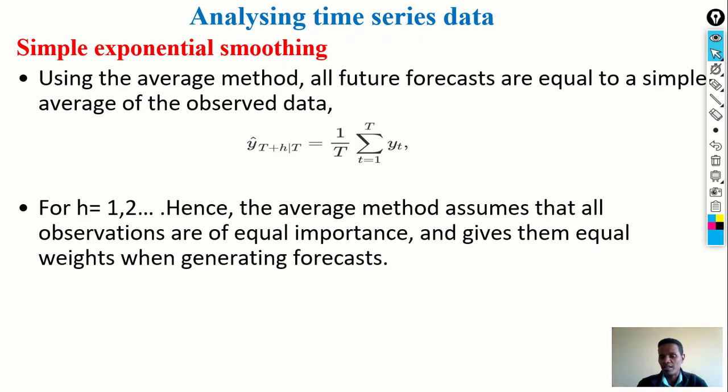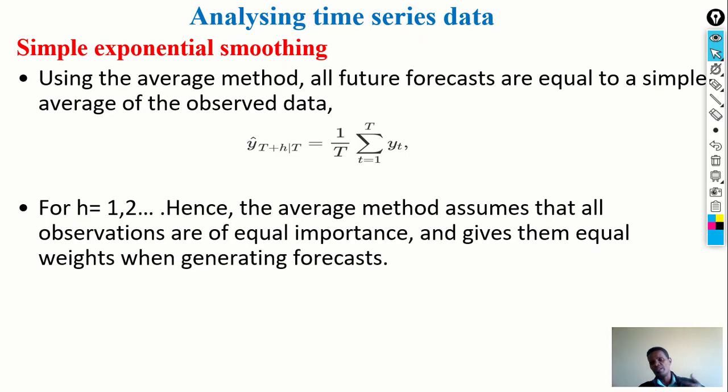So it takes all observations into account to forecast the future outcome. The formula will be the summation of all observations divided by the total number of observations, where h stands for the number of repeated measurements from 1 up to n maybe.